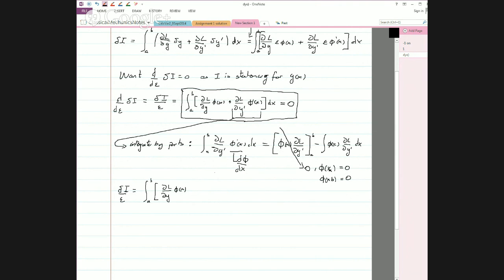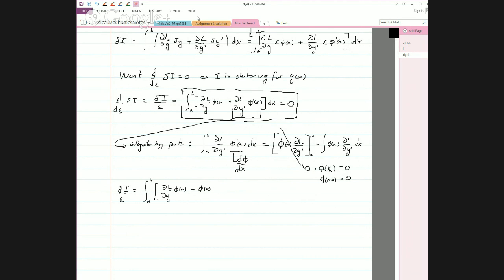And now this term has a minus, so that's minus phi of x times ∂L/∂y prime. And actually, sorry, that's a mistake. And that as well.